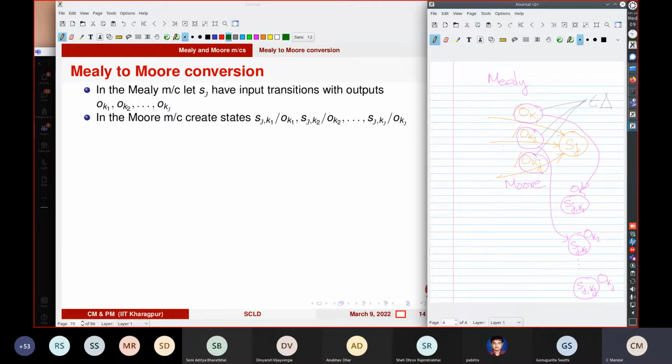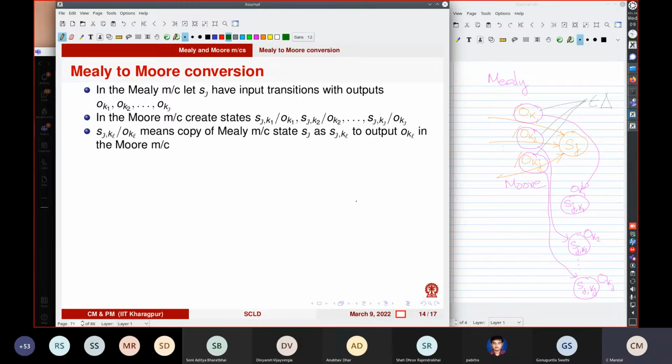This output will happen from this state. So this is what it means: there's a copy of Mealy machine state J to give this output in this state.